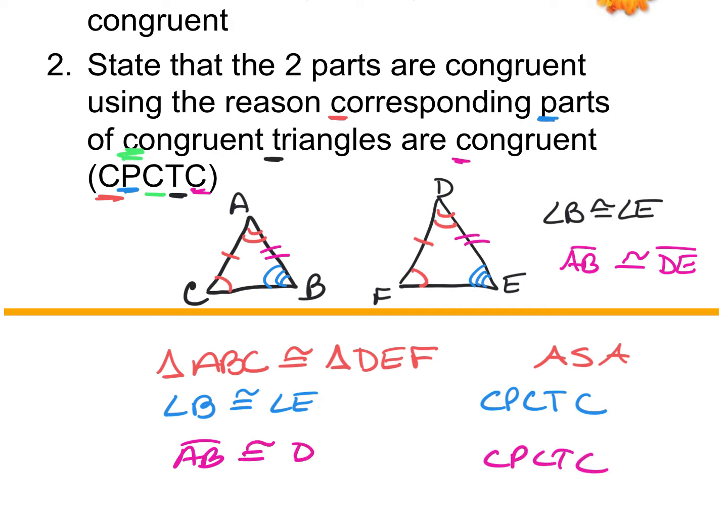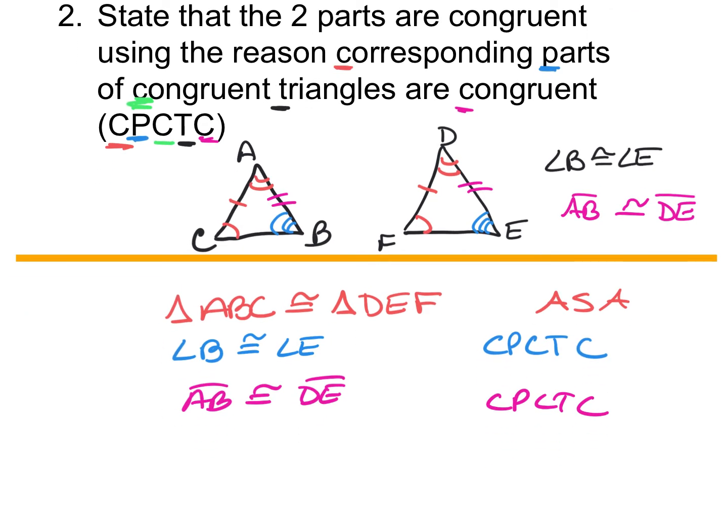So after you show that the 2 triangles are congruent, you can go back and put markings on every single piece that doesn't have a mark. And the reason that you're allowed to do that is because of CPCTC. Because corresponding parts of already proven triangles that are congruent can also be labeled as congruent. And then here would be EF.